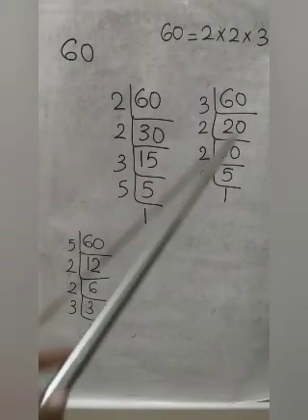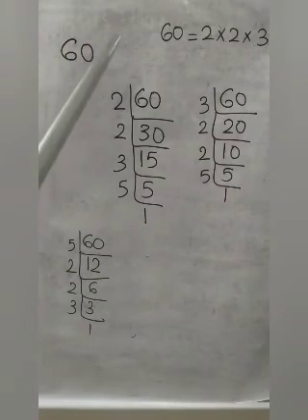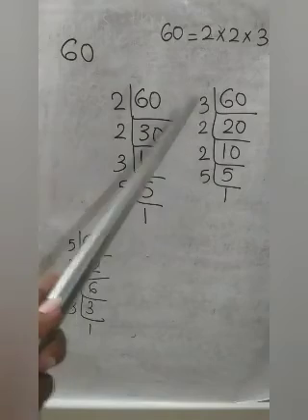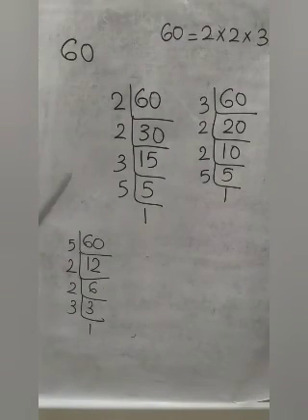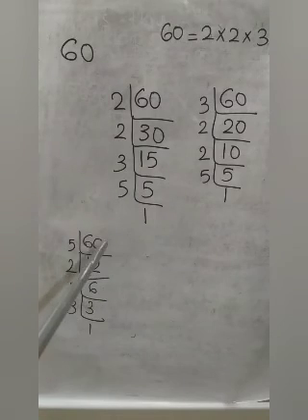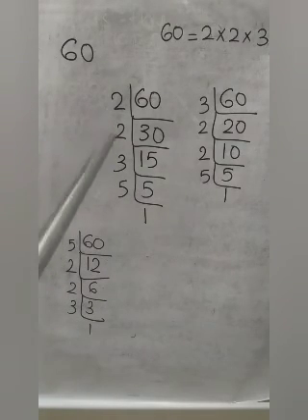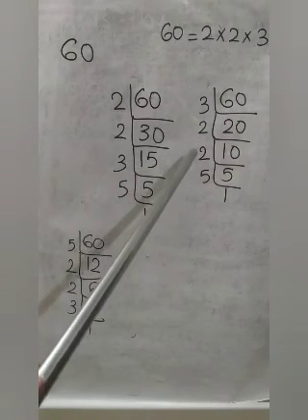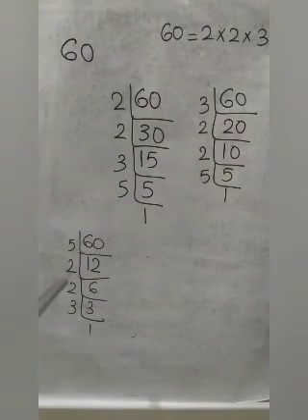So in any case, for 60, 2 is a factor, 3 is a factor, and 5 is also a factor. So you can use any prime number and any factorization, but the final factorization will be correct. Here 2 into 2 into 3 into 5. Here 3 into 2 into 2 into 5. Here 5 into 2 into 2 into 3.